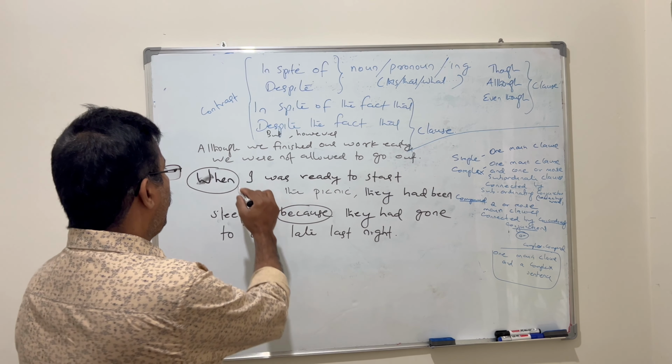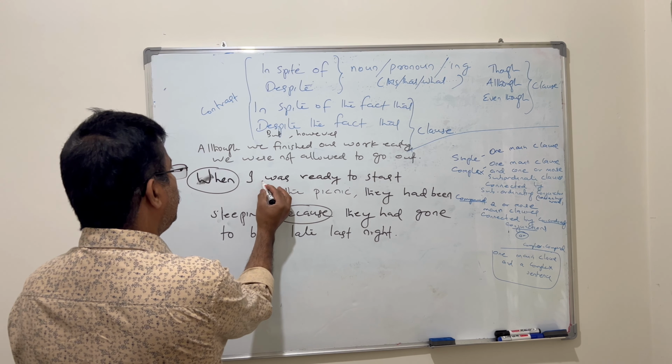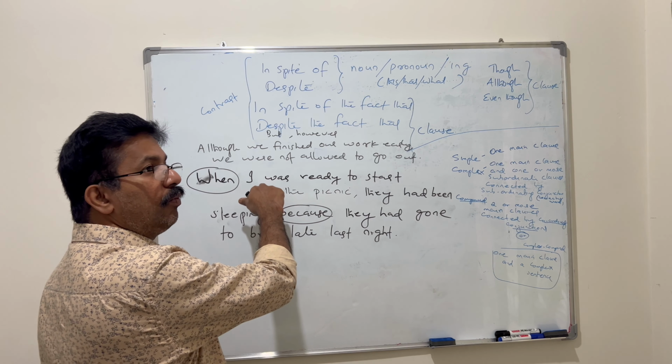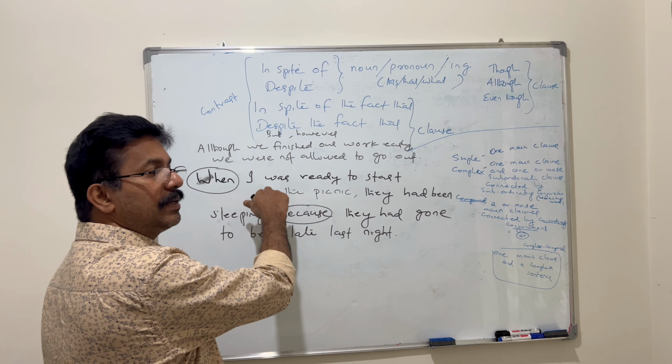Because of "when," "when I was ready to start the picnic" is one subordinate clause because this is incomplete in meaning. If there was no "when" with this clause, it would be a main clause.